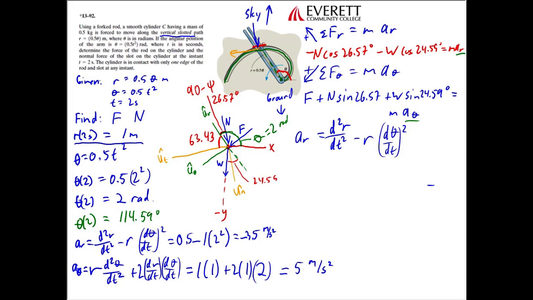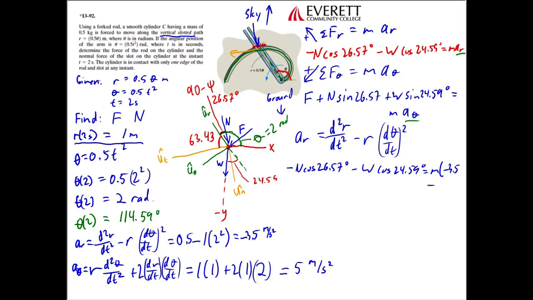So the first equation, sum of the forces in the r direction, we have negative n times the cosine of 26.57 degrees minus w times the cosine of 24.59 degrees equals mass times acceleration in the radial direction, which in this case is negative 3.5 meters per second squared.